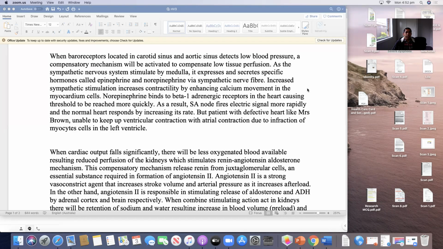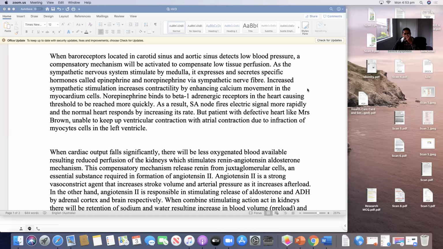Norepinephrine binds to beta-1 adrenergic receptors in the heart, causing threshold to be reached quickly. As a result, the SA node fires electric signals more rapidly, and the normal heart responds by increasing its rate.